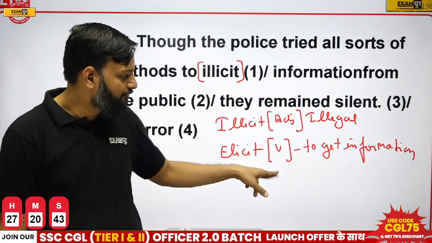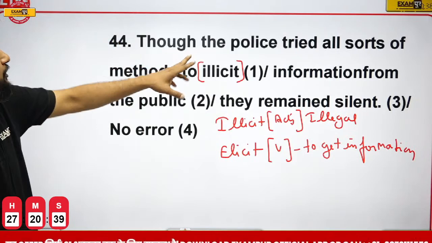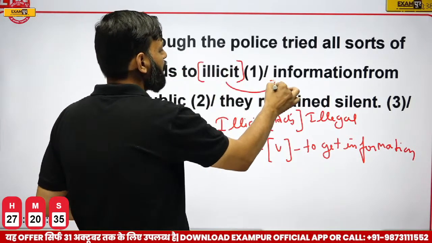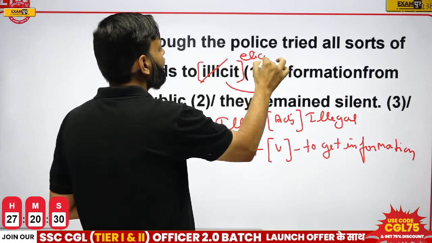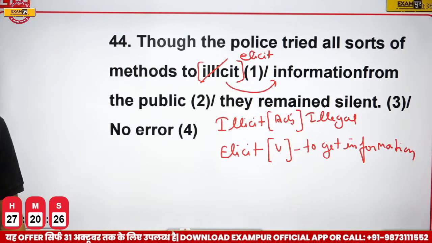And elicit is a verb, means to get information, to gather information. So though the police tried all sorts of method to elicit information, here we are talking about getting information. So here illicit will be replaced by elicit.